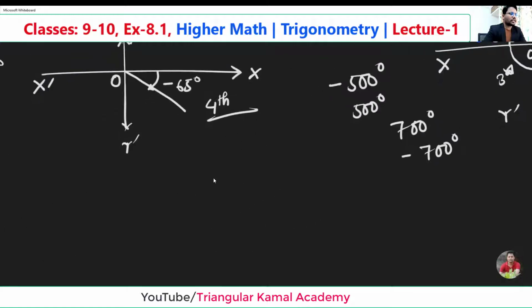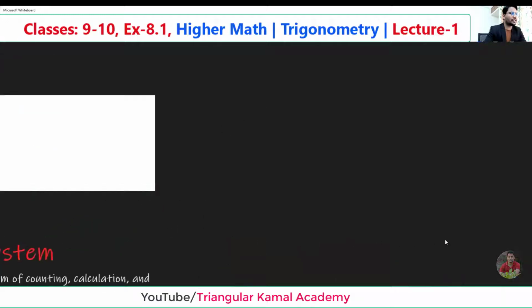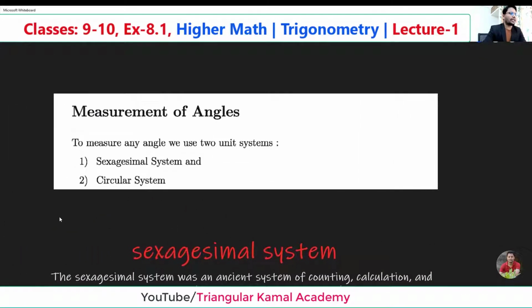So now here in our academic book, we basically discuss two types of angle measurement. The degree system, including the sexagesimal system, and another method is called the circular system, the unit of which is called the radian. In the sexagesimal system, the greater unit is degree, the smallest form of the degree is called the minute, and the smallest form of the minute is called the second.